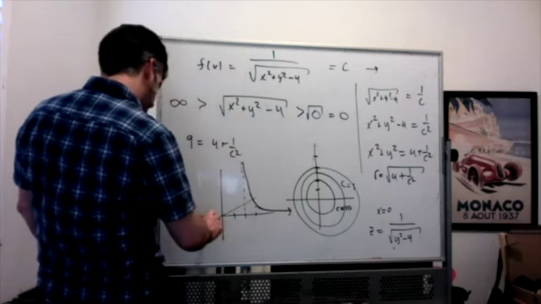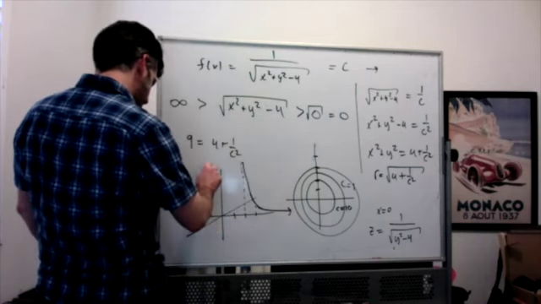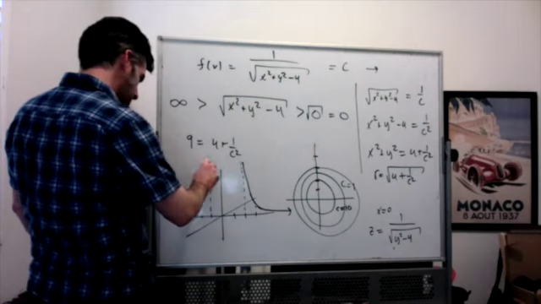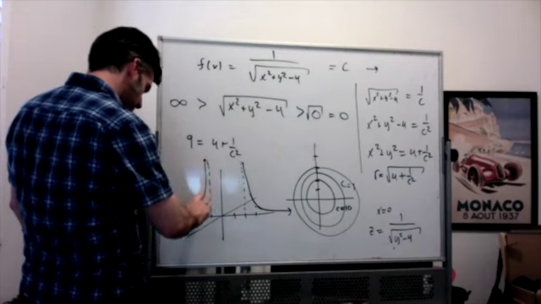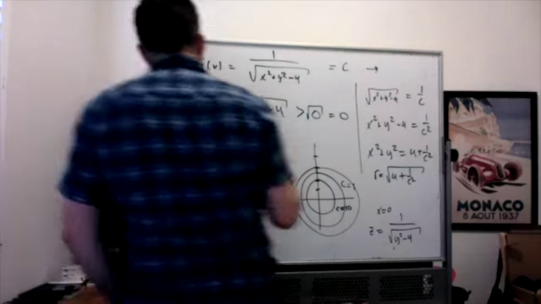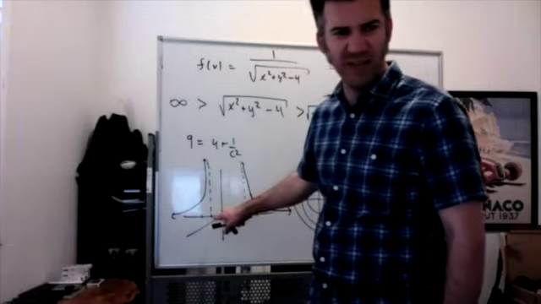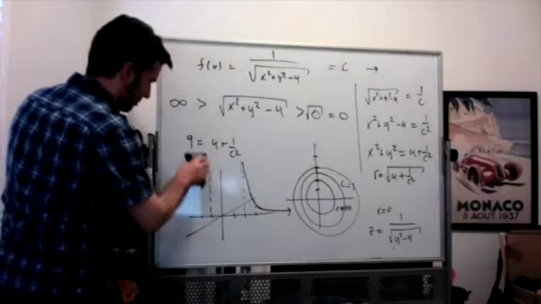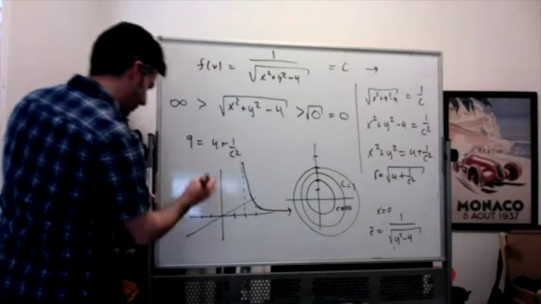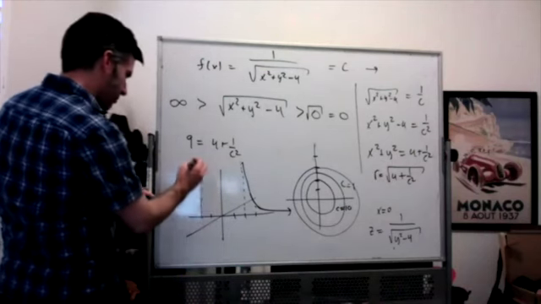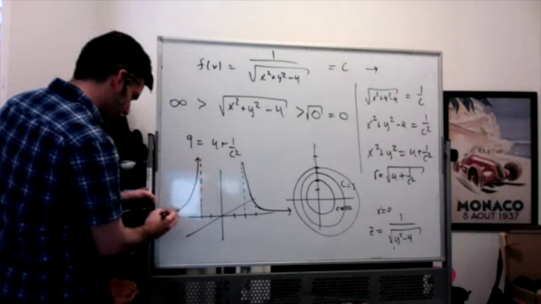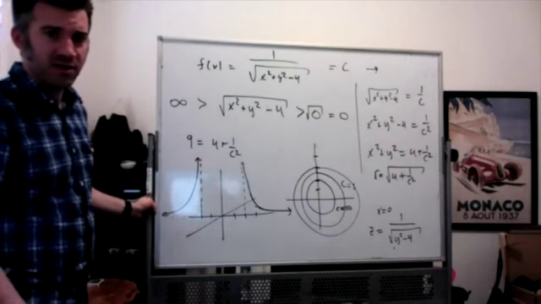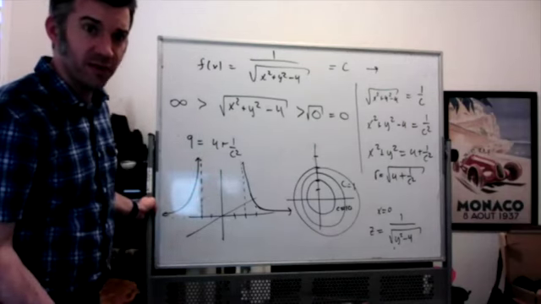And the same thing on the other side. Whoops, I drew it at -1. Sorry, -2. So we kind of have a cylindrical vertical asymptote.